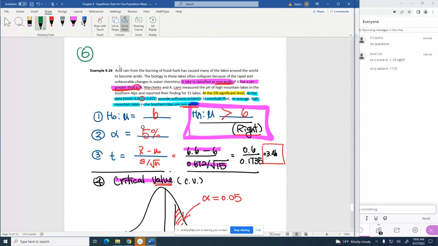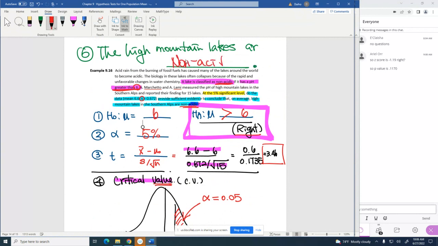So what will be the decision? Let me state the decision up here. Decision: the high mountain lakes are what? Non-accident. Because we have to state from the alternative hypothesis.